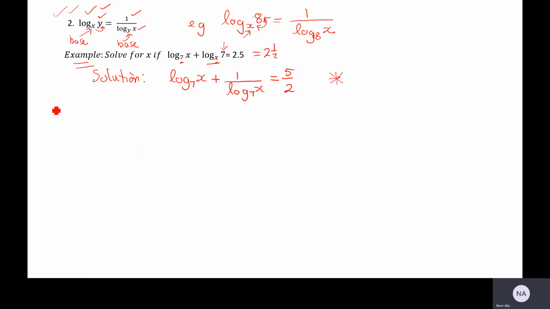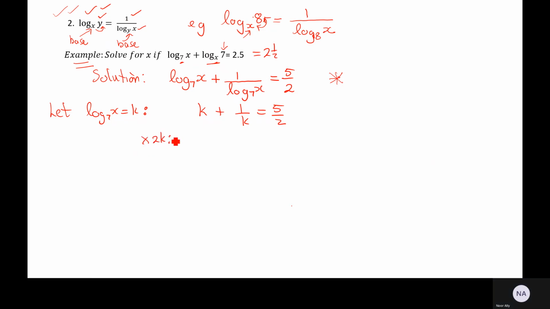What would you do? That's right, you'd introduce, what did you learn at school, your k. Let log of x to the base 7 equal k. So wherever you see that, that becomes a k. 1 over k is equal to 5 over 2. There you go, an equation which is easy for you to solve.